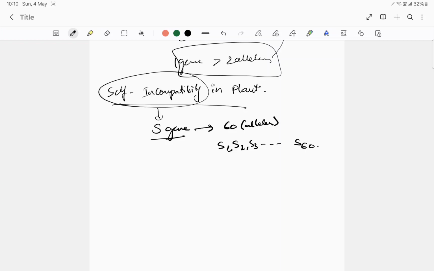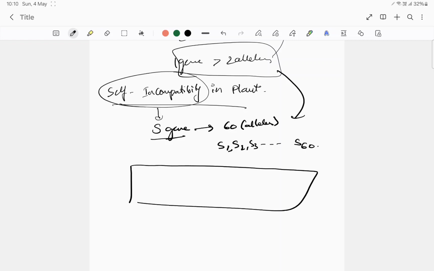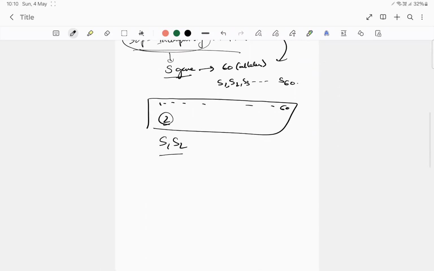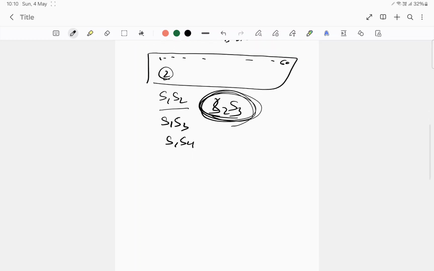Now, let there be any number of alleles, 1, 2, 3 up to 60, right? Only two will be there to form that particular allele position. For example, S1 S2, or S1 S3, S1 S4, S2 S3, like that any particular two.